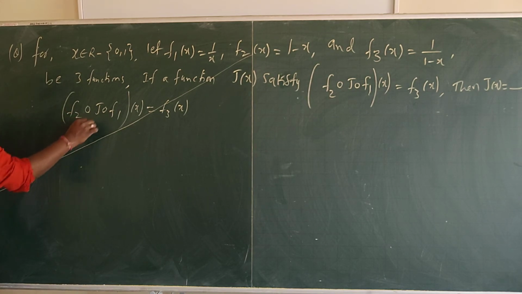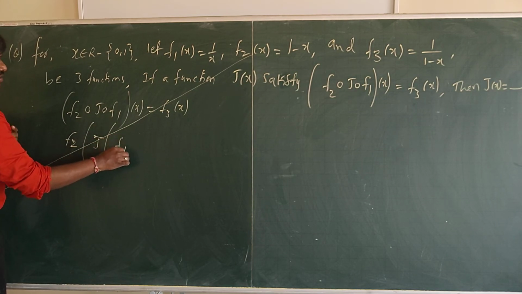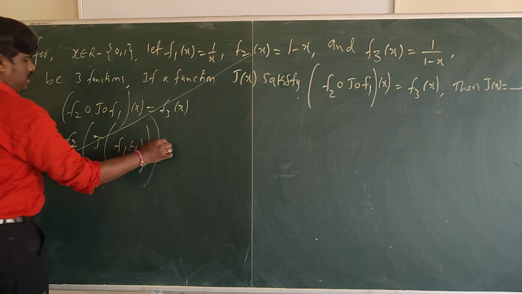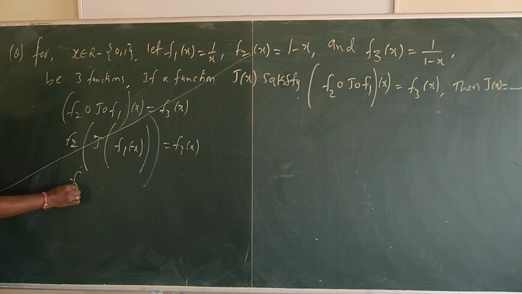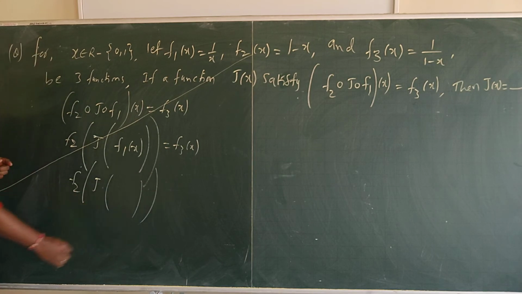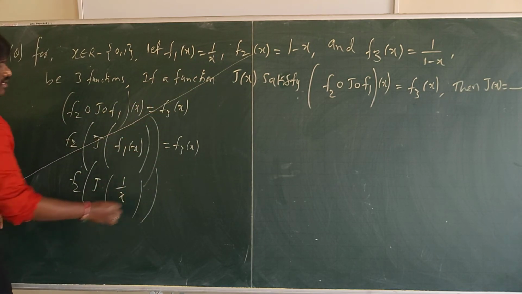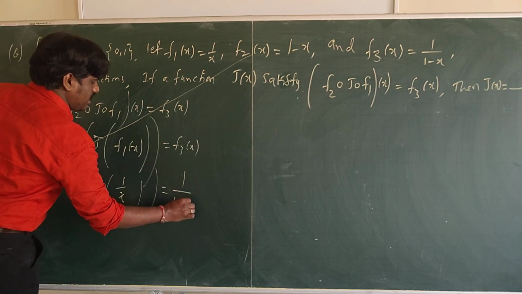You have to break this circle, write the bracket, and then write the bracket f1 of x, so this is what happens. Is equal to f3 of x. Here we generally go inside and substitute. What is f1 of x? f1 of x is 1 by x. So we get f2 of g of 1 by x is equal to f3 of x, which is 1 by 1 minus x.